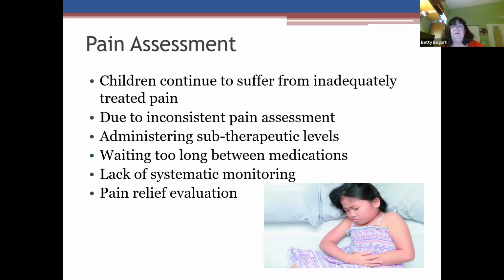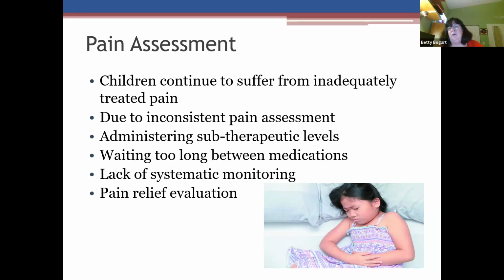Pain assessments, one of my biggest pet peeves in pediatrics is that most nurses are afraid to medicate because children many times won't tell you they hurt. Why? Well, they're not going to tell you they're in pain because they don't want a shot, they don't want a needle, or they don't want the medicine that tastes icky. So they're not going to tell you. So they suffer.